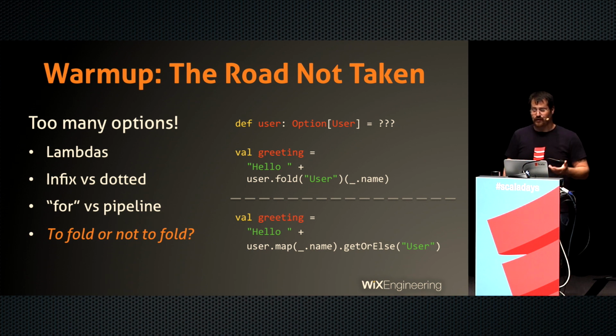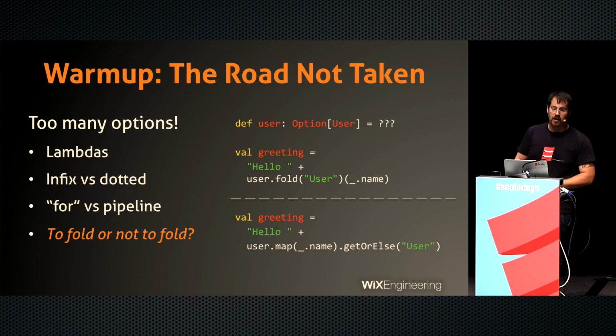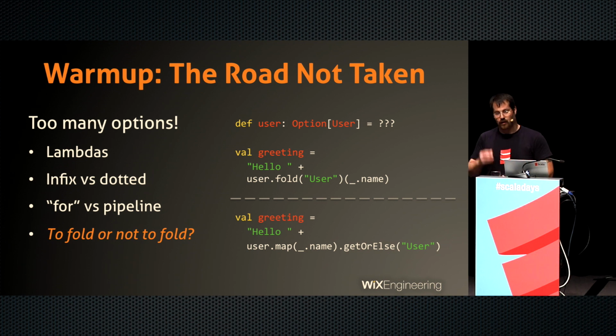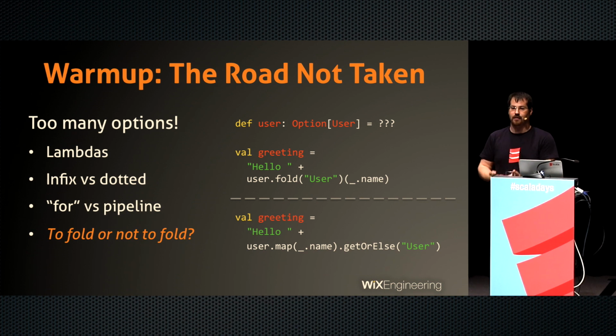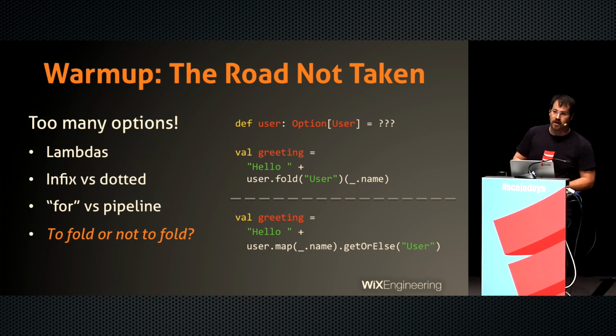So all of these questions tend to come up over and over again, especially for people coming into Scala for the first time. People who have been using Scala for an extended length of time, a few months, tend to develop these aesthetic preferences and converge on their own style of using Scala.